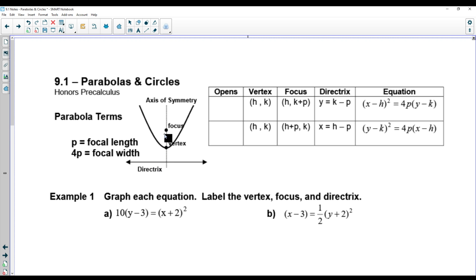This length is called the focal length, and it is given by the variable p, which comes from the coefficient in front of the unsquared side of the equation. We will address this further in a minute.